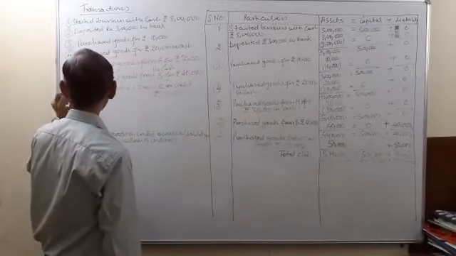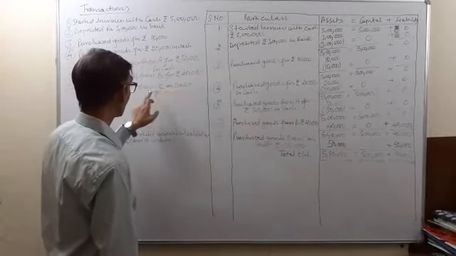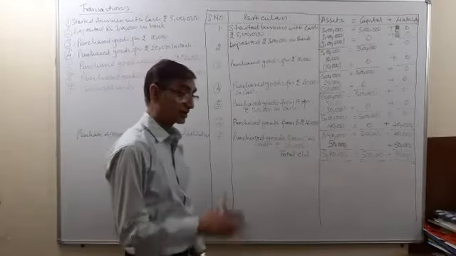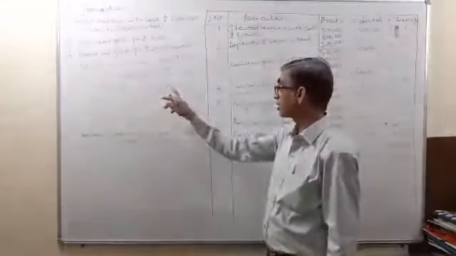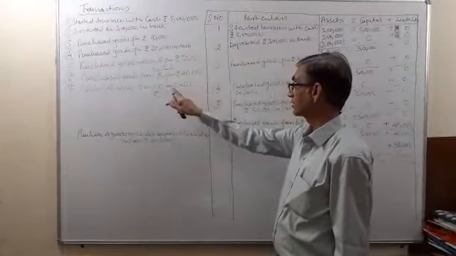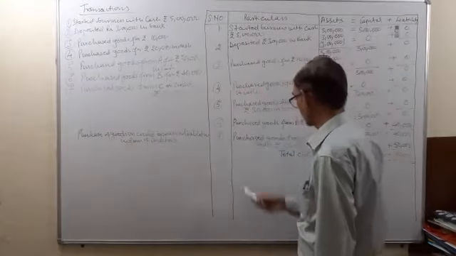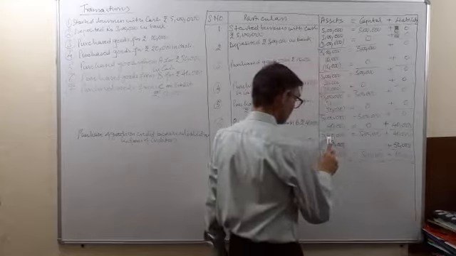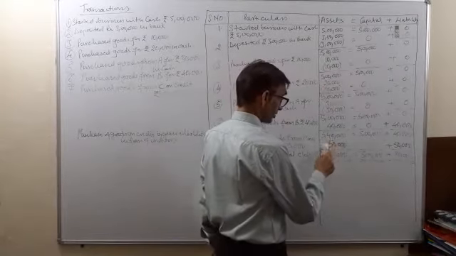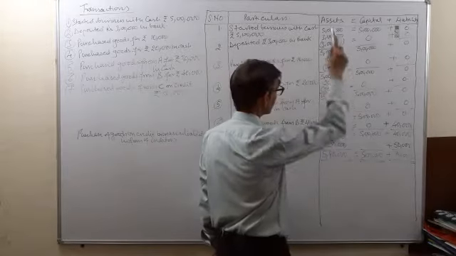Now the 7th transaction, purchase goods from C on credit rupees 50,000. We have purchased goods from C on credit. It is clearly mentioned that it is a credit transaction, and the amount is also given, rupees 50,000. We will copy it. 5 lakh 40,000 was the previous balance. 50,000 goods we have purchased, so our stock will increase.